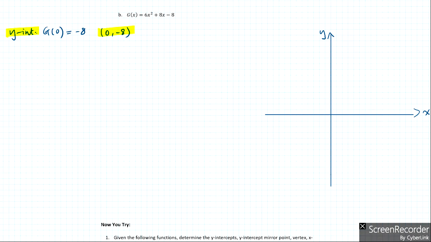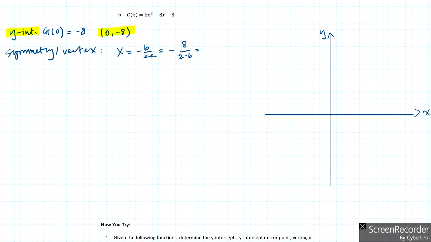And in order to do this, we need to, along the way, find the axis of symmetry, and we can go ahead and use that to find the vertex first. So to find the symmetry or the vertex in this process, we can use a formula we have for x equals -b over 2a to find the x-coordinate of the vertex, or the line equation of the axis of symmetry, which gives us -8 over 2a, which would be 2 times 6.